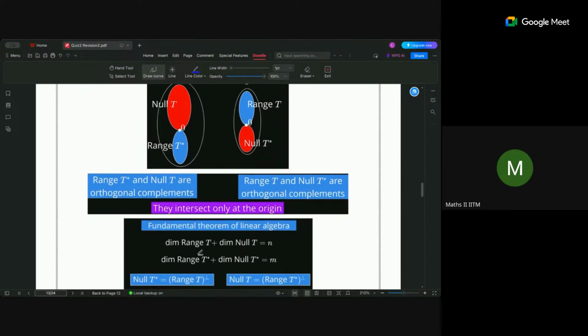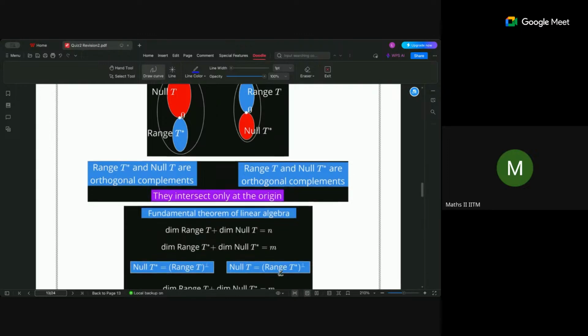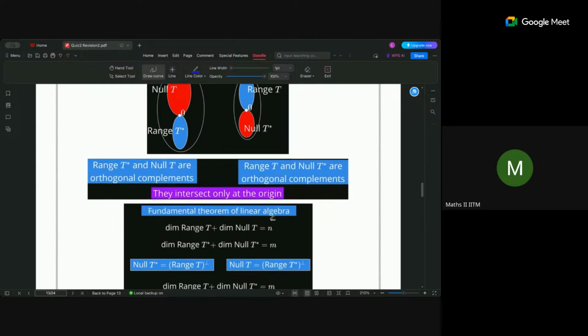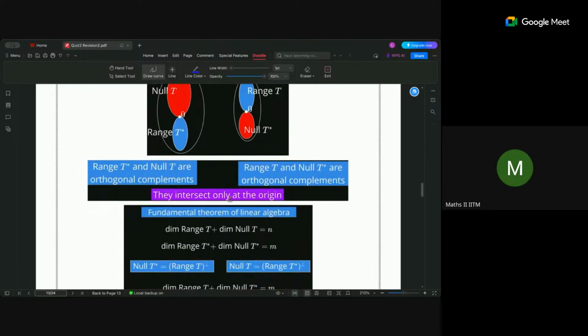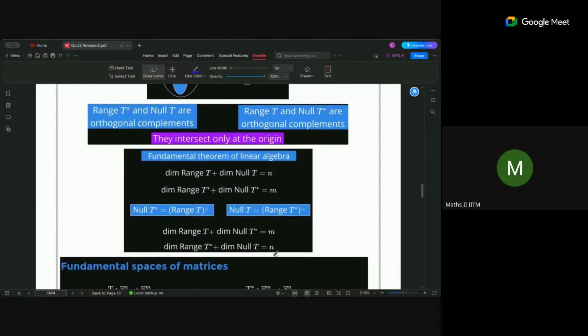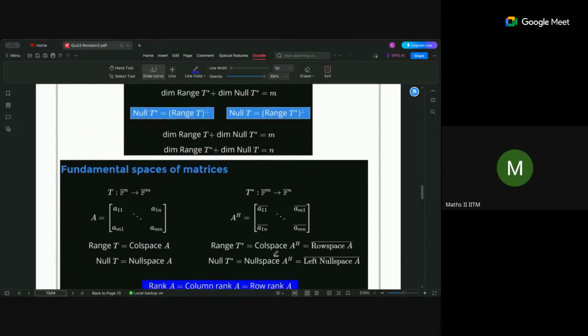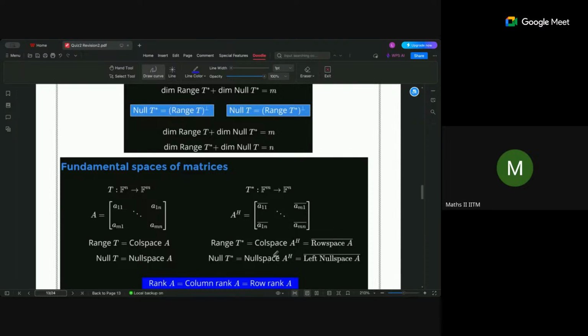And here we also have the fundamental theorem of algebra. Rank plus nullity is equal to the dimension of the domain. For T, the domain is N. For T star, the domain is M. Fine. So the next topic is, what are the fundamental spaces of a matrix?